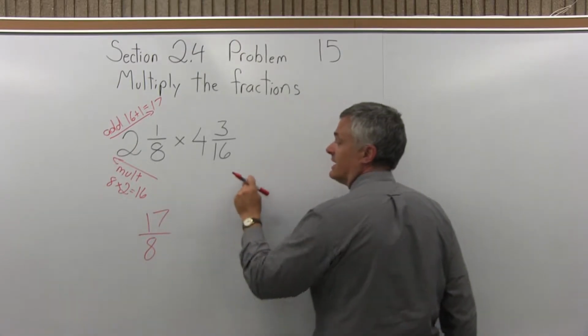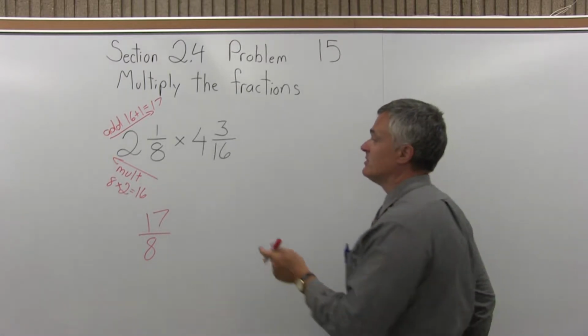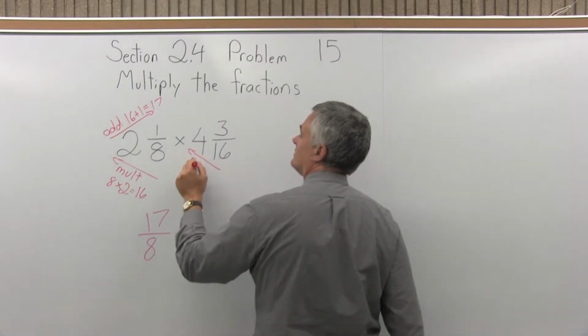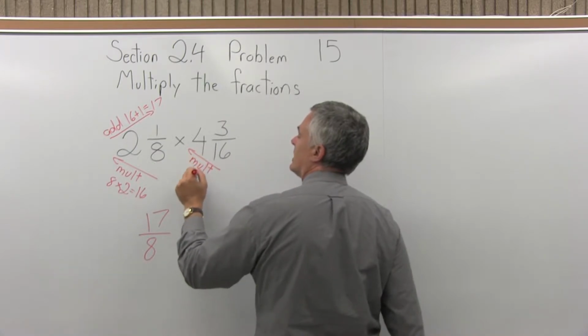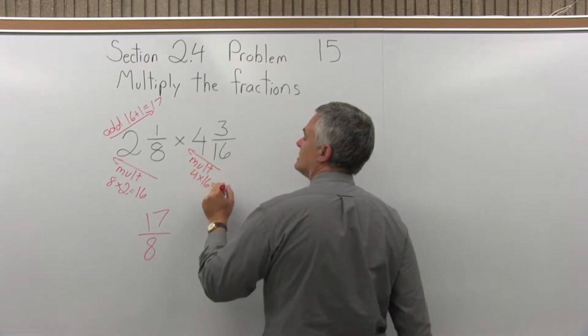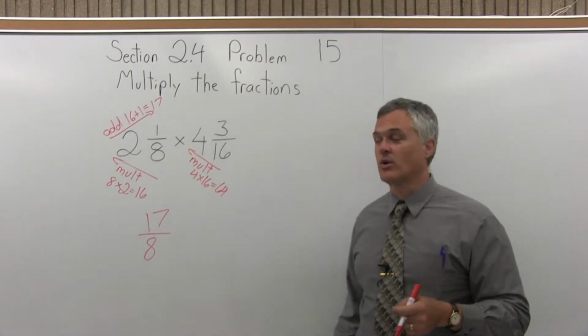Now, the second fraction, 4 3/16, we have to do the same process. We're going to multiply the denominator times the whole number in front. So that will be 4 times 16, which is 64. If you have trouble seeing that, you can just go off to one side and multiply it out the long way.